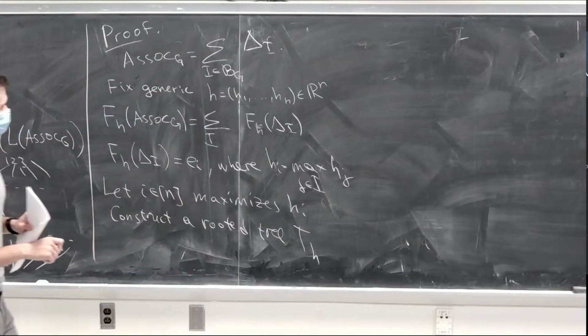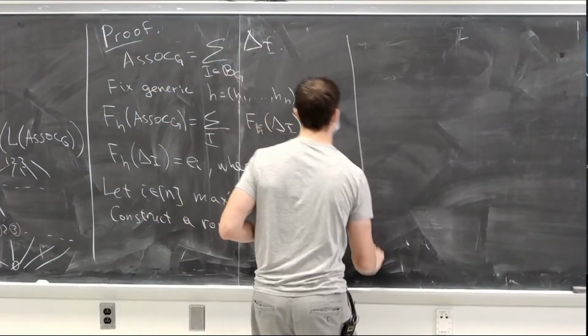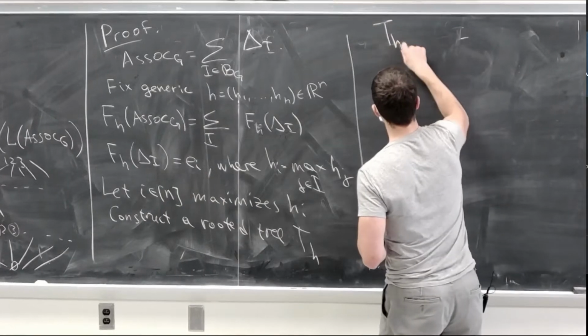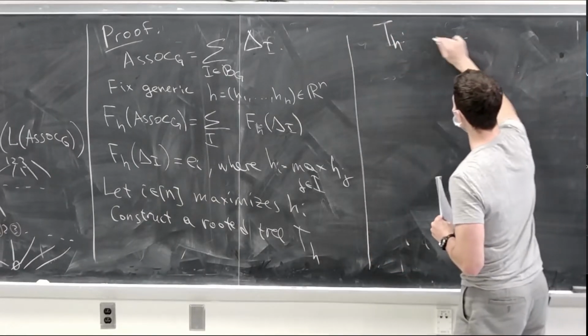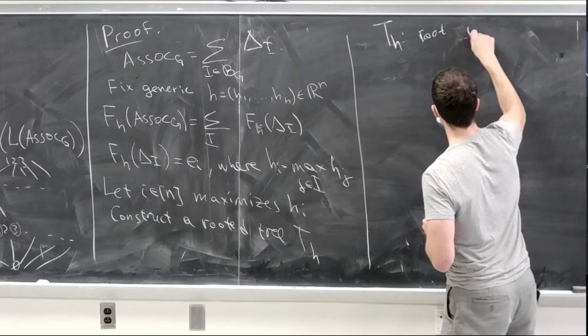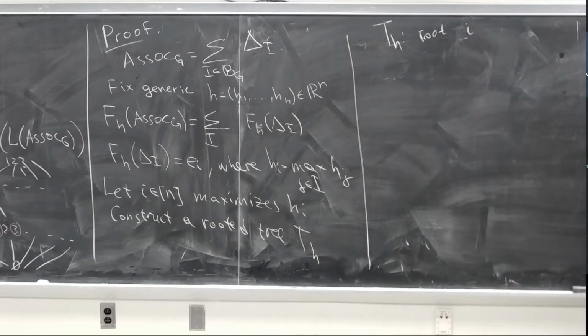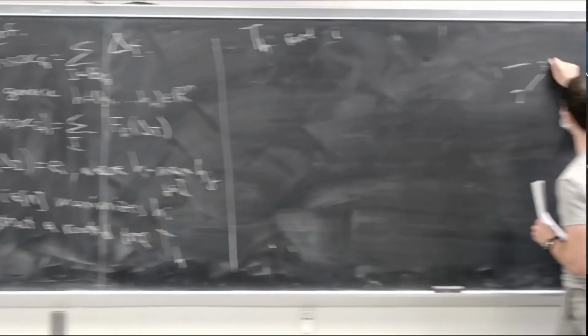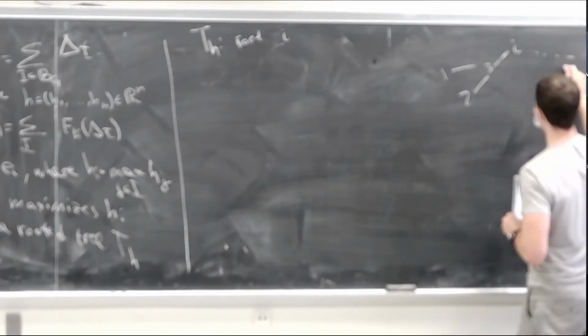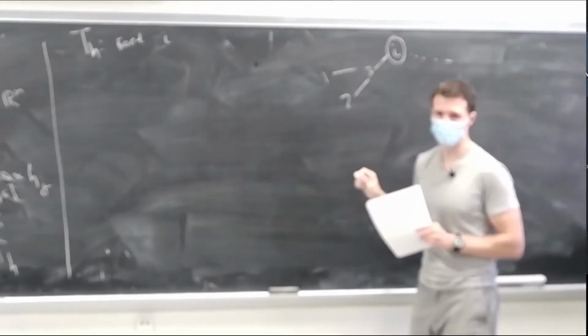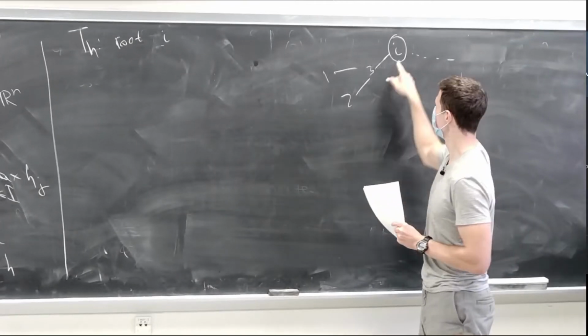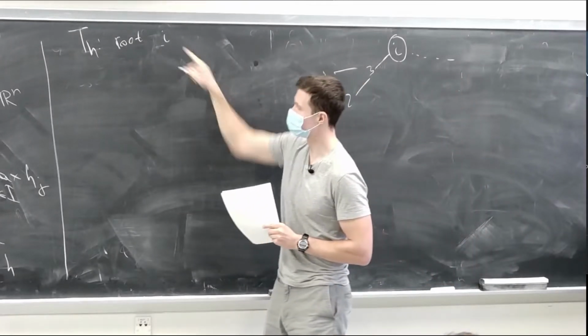How does this tree look? It's going to have root labeled i. If you imagine your graph, your 1, 2, 3, i, etc., if i is where h takes its maximum, then I'm going to designate i to be the root.